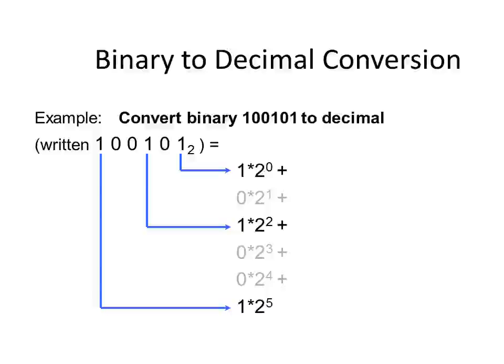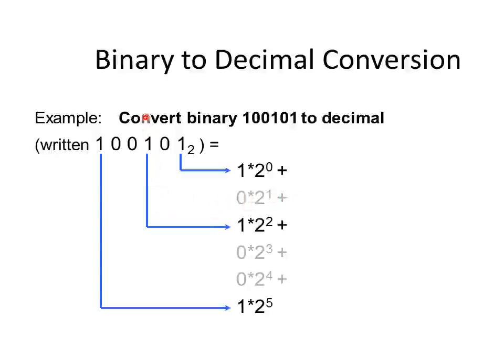Now let's take an example to clarify the principle. Here is 101001100101. This is a binary number. At the first position there is 1, so 1 into 2 to the power 0. The next is 0, so it is deleted and we do not consider this value.